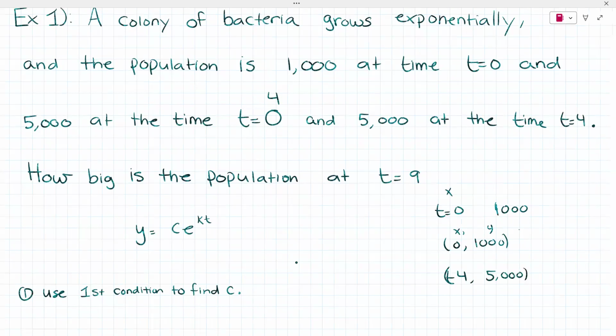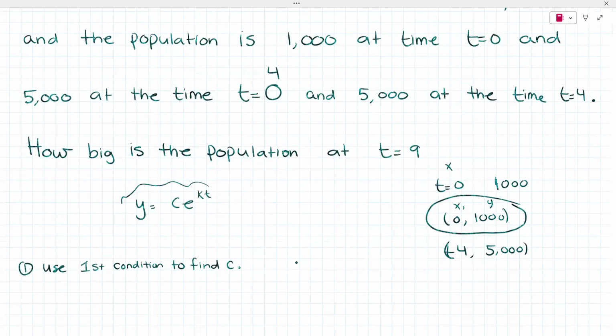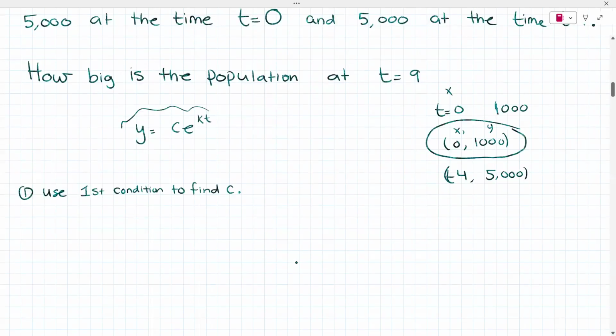What I'm going to do is plug this coordinate into the equation, and that will give you your c. I believe c is going to be 1,000, and you'll see why. Plug in y equals 1,000, equals c times e raised to k times our time, which is 0.